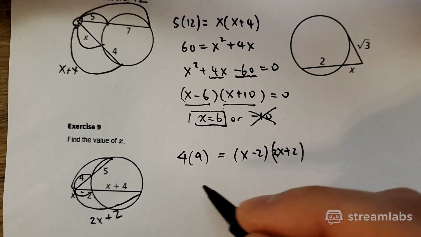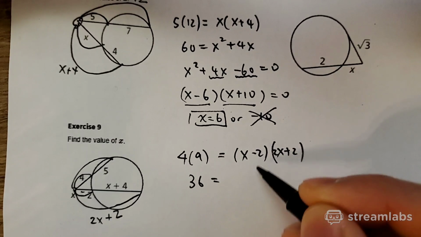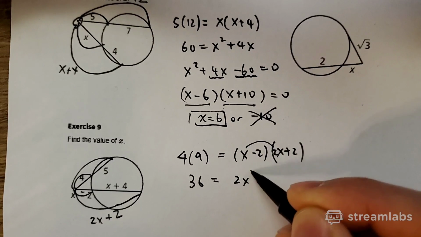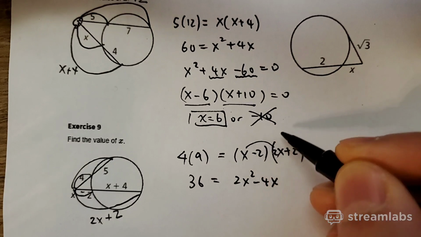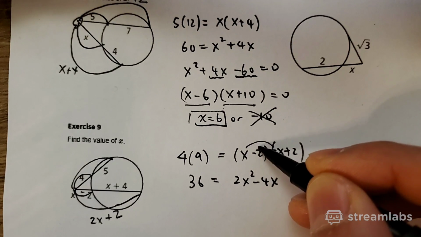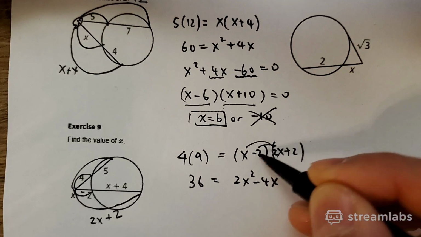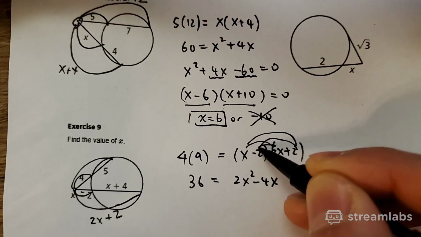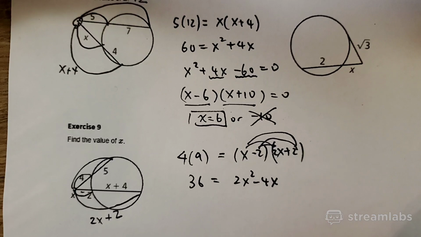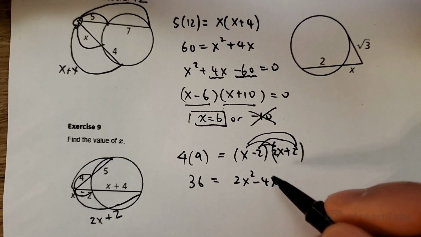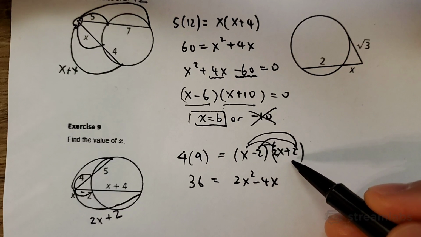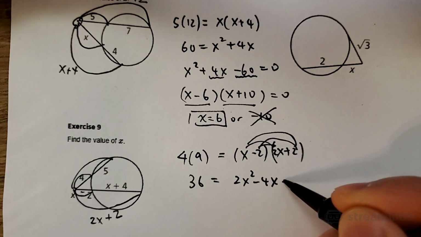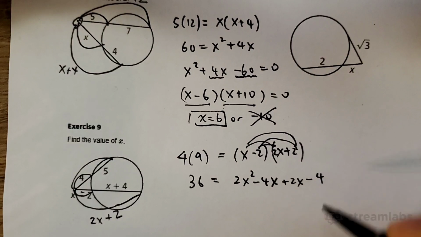Okay, so distribute this. 36 equals to 2x squared minus 4x. I'm going to do like this, okay? And then you do these two and then these two, right? So you got to give every combination. So and you get plus 2x minus 4.